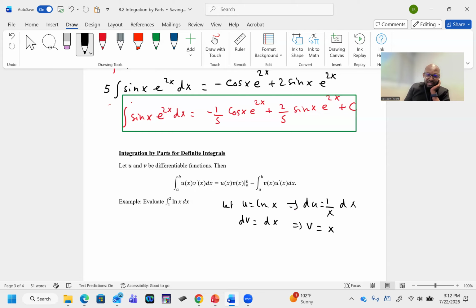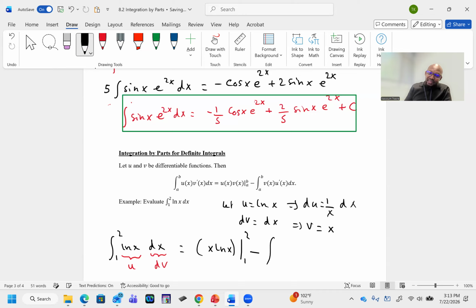So by substituting now, you will see the integral from 1 to 2 of ln of x dx, this is my u, and this is my dv, will be equal to u times v, which will be x ln of x from 1 to 2, right?